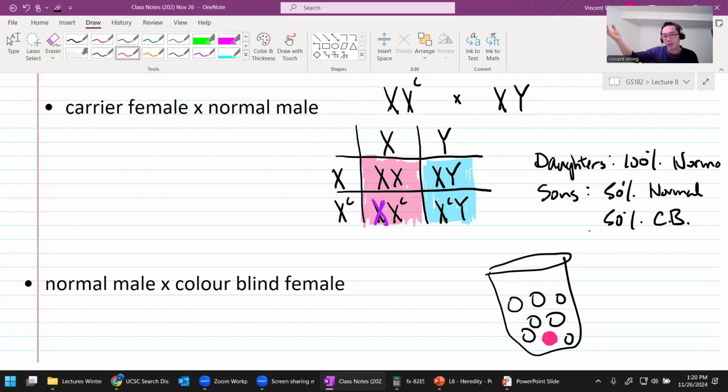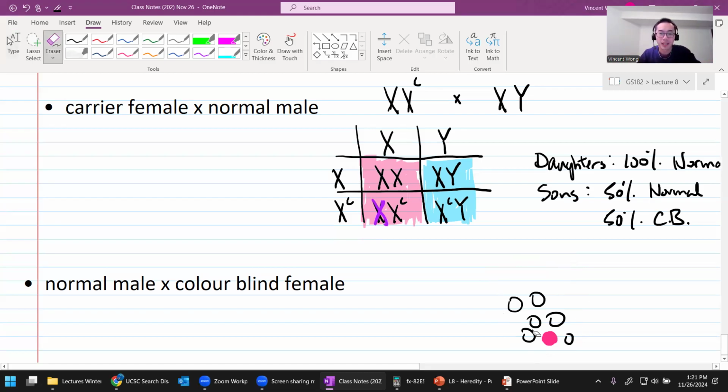If that ball is red, then we have the disease. If it's white, we don't have the disease. But for females, because they have two X's, they have to take out two balls, so you increase the risk of catching a dominant trait. For recessive, it's okay because the normal X is going to cover it up.